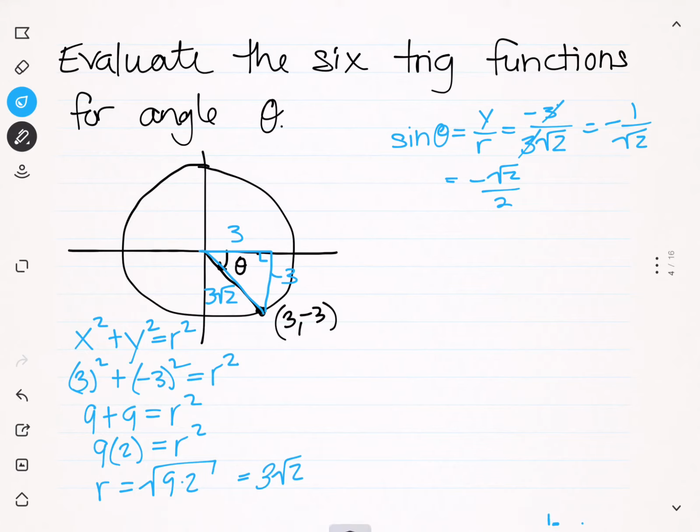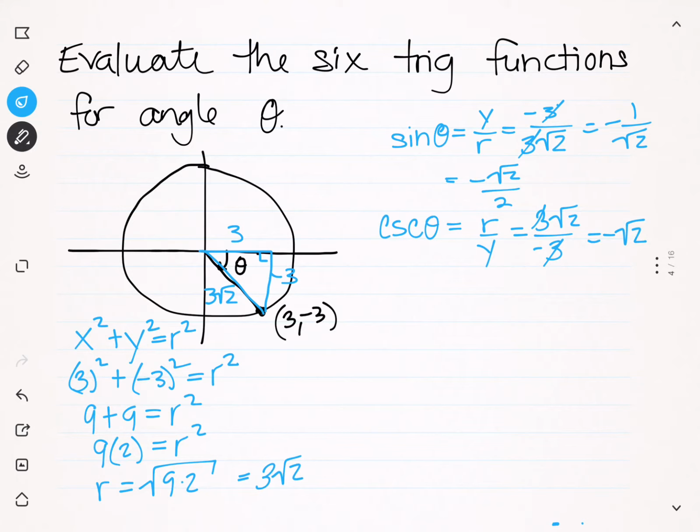Now the cosecant of angle theta is going to be r over y. So that's going to be 3 root 2 over negative 3, and these 3's are going to cancel out, so that's going to give us negative root 2.